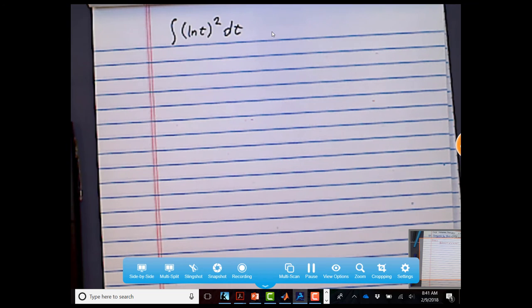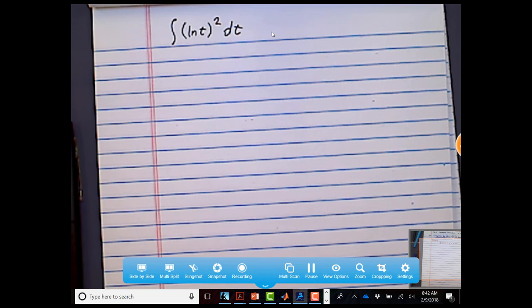Which one? What is the derivative of the natural log? Yeah, so if it's the natural log of t, it would be 1 over t, right? So sometimes the way you make your choice is you say, well, I know how to take the derivative, but I don't know how to take the antiderivative.